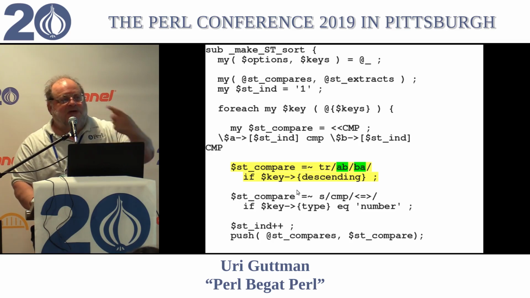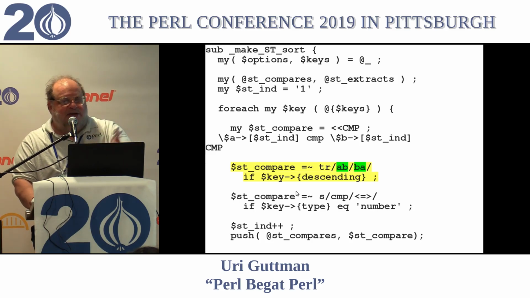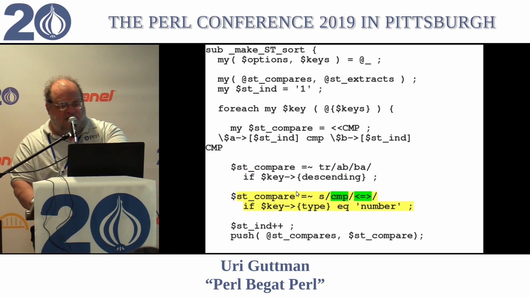Modifying the code that I'm using to generate. It's a neat little trick. I could have done this a different way by having 2 different possible lines and tested that and done if else. This is much neater. And then I switch compare to spaceship if it's a number. This could have been done with a $CMP variable and maybe a question mark colon kind of operator, but I was in the mood to do substitutes, so I did it that way.